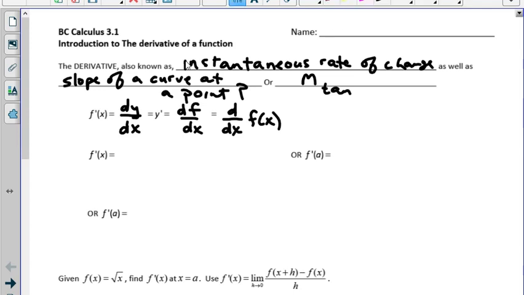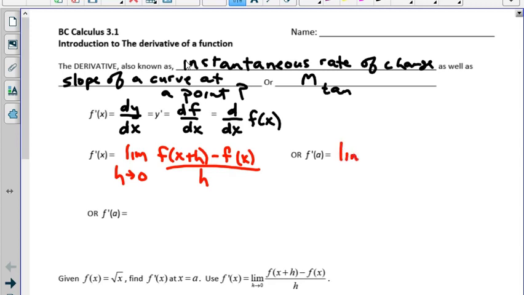Next, let's talk about what the definitions of all of these things are, and you know these already. F prime of x is the limit as h approaches 0 of f of x plus h minus f of x all over h. You can define the definition of the derivative at a point to be the limit as h approaches 0 of f of a plus h minus f of a over h, which is just substituting a, or some point, in for x.